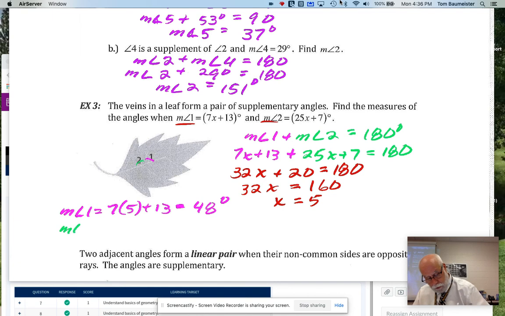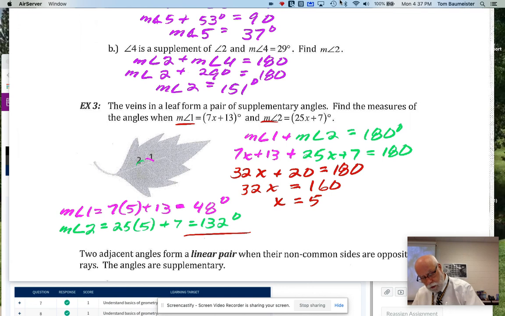The measure of angle 2 is equal to 25 times 5 plus 7. And if we do that, 125 plus 7 is 132. And again, as a quick check, notice how I put them underneath each other. That should equal 180 degrees, which it does. So our answers are 48 degrees and 132 degrees.